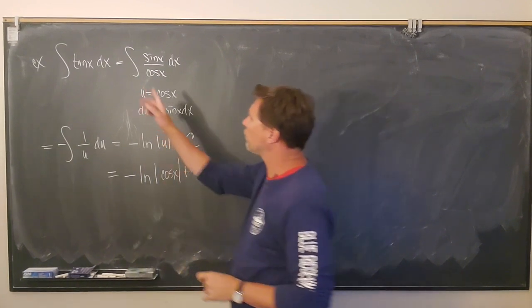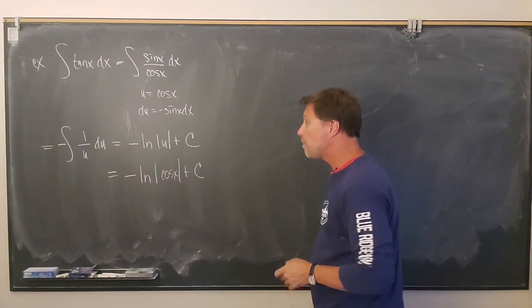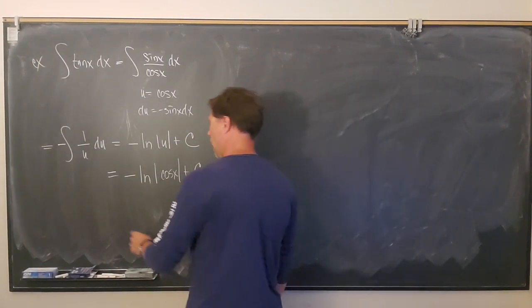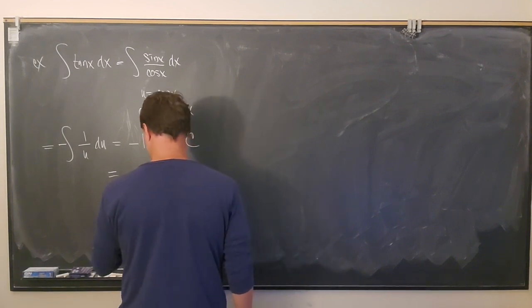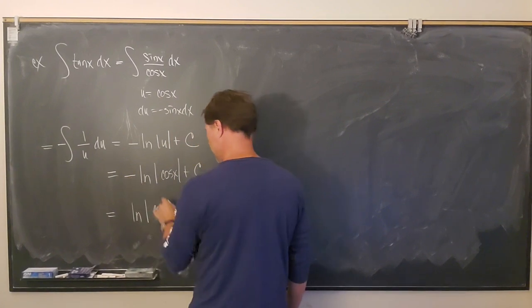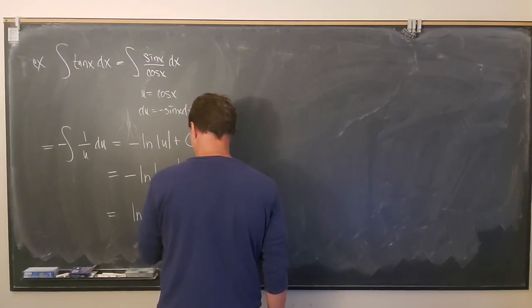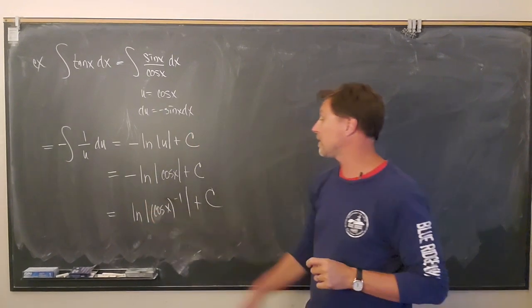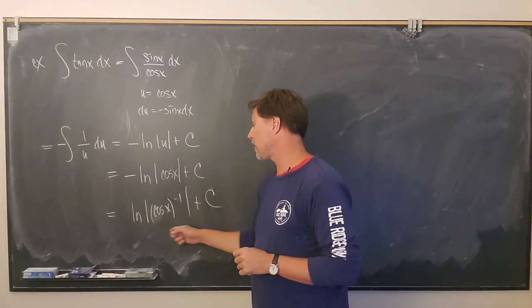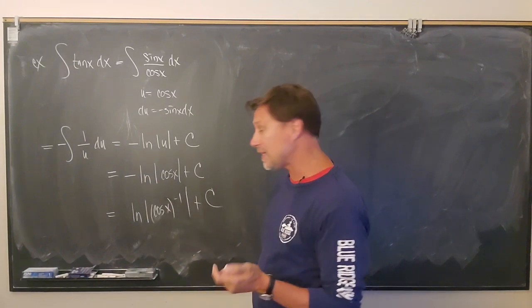And so when we learned the formula for the integral of tangent last time, this is the way we left it. But remember now, there's a rule of logs that says that we can bring this minus sign up as an exponent. And so we can rewrite this as natural log of absolute value of cosine of x raised to the minus 1. And the reciprocal of cosine is secant.